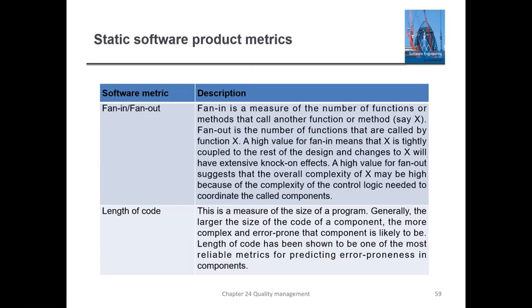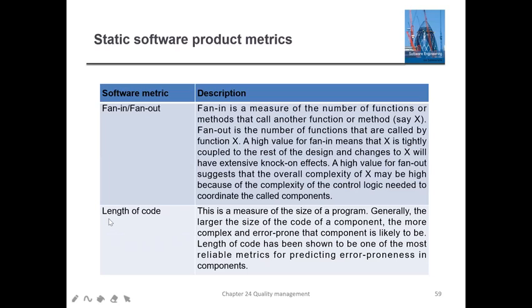So if you make any changes inside your system design, it will directly affect your called function. Fan out means that if you have a calling function, then it will be very complex and it has to control the logic you have written. That is the difference between fan in and fan out.